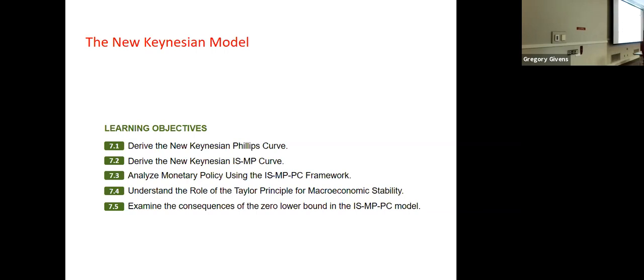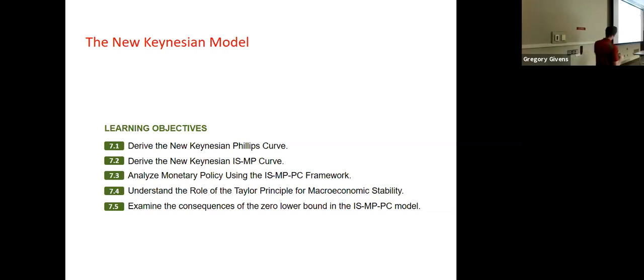What rule do you think we're going to use in developing this model? The Taylor rule, or at least a simplified version of the Taylor rule. All right, so this new Keynesian model features the Taylor rule as one of its key ingredients. That's probably very different than the type of model you talked about in intermediate macro.